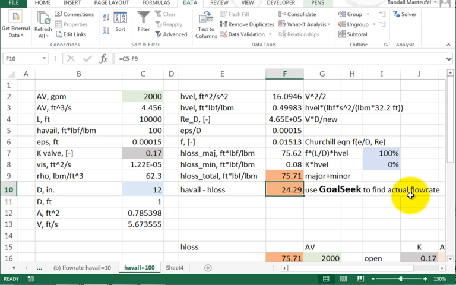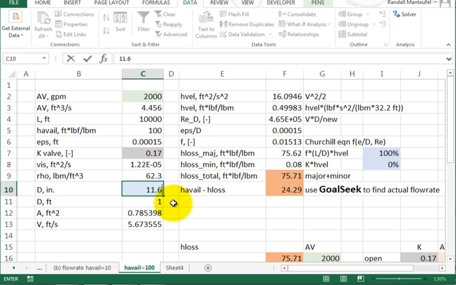The Schedule 40 pipe, 12-inch, is 11.626. So that's not going to change much? Not that much. You can put it in. We could do it right now. 11.626. Notice 75.7. You're still below 100. You still go with the 12-inch, nominal 12.